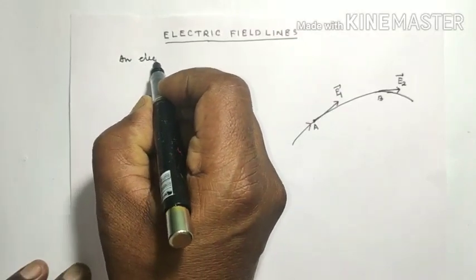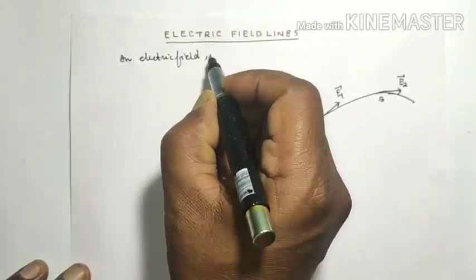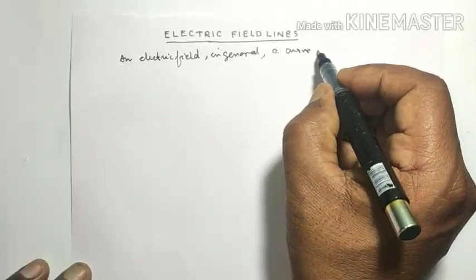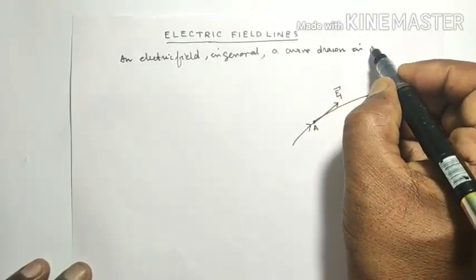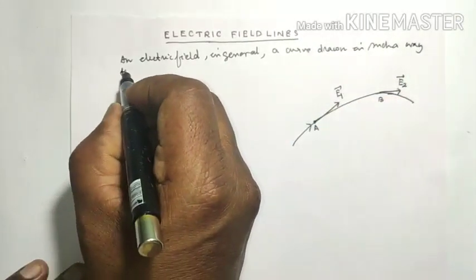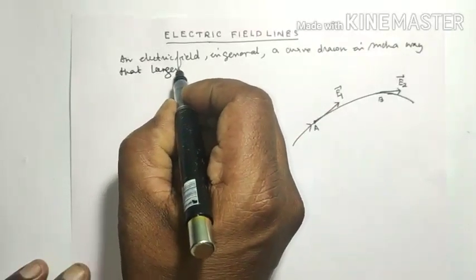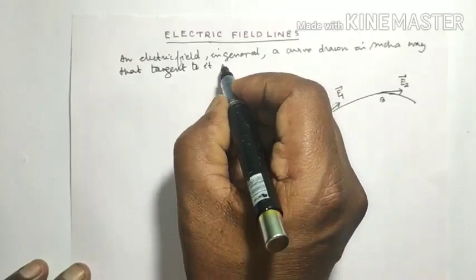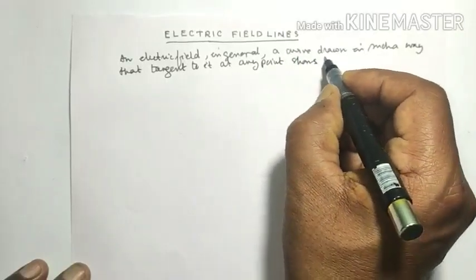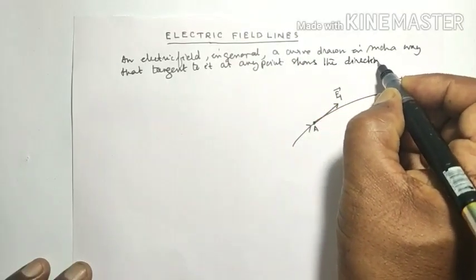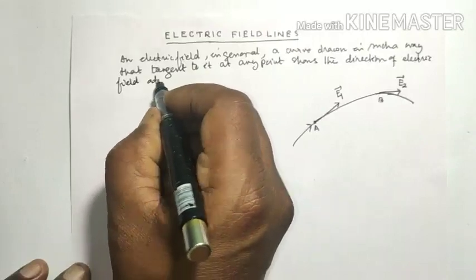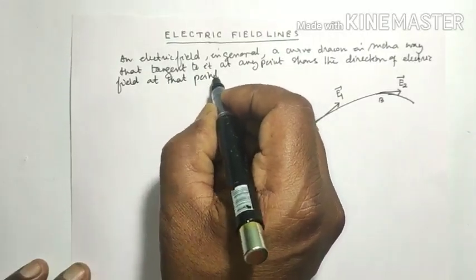So an electric field line is in general a curve drawn in such a way that the tangent to it at any point shows the direction of electric field at that point.